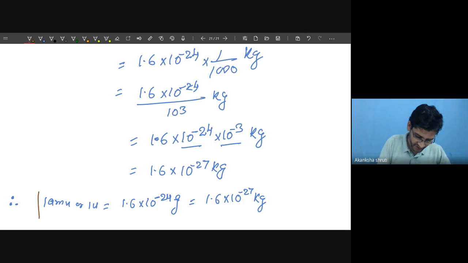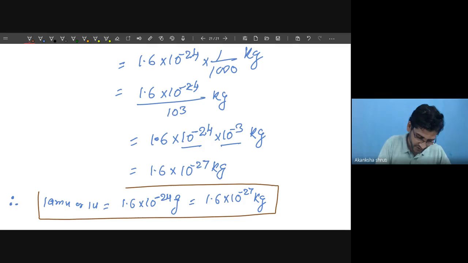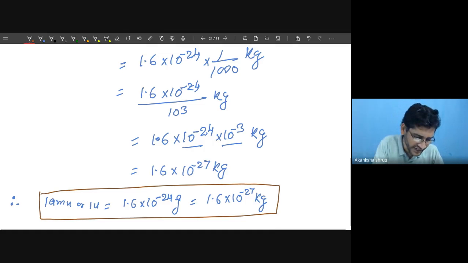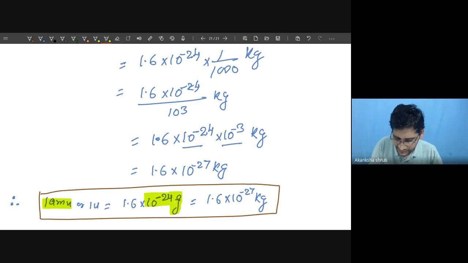So this is what we need to keep in mind. From here we can observe that the mass of 1 AMU is very, very much smaller than the gram. Are we getting? For the gram, the factor is 10 to the power minus 24. So 1 AMU is very, very small compared to the gram.